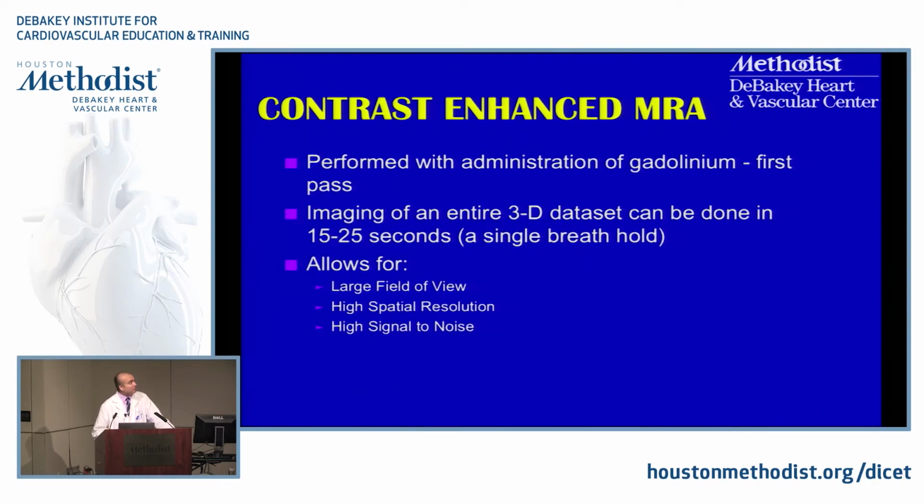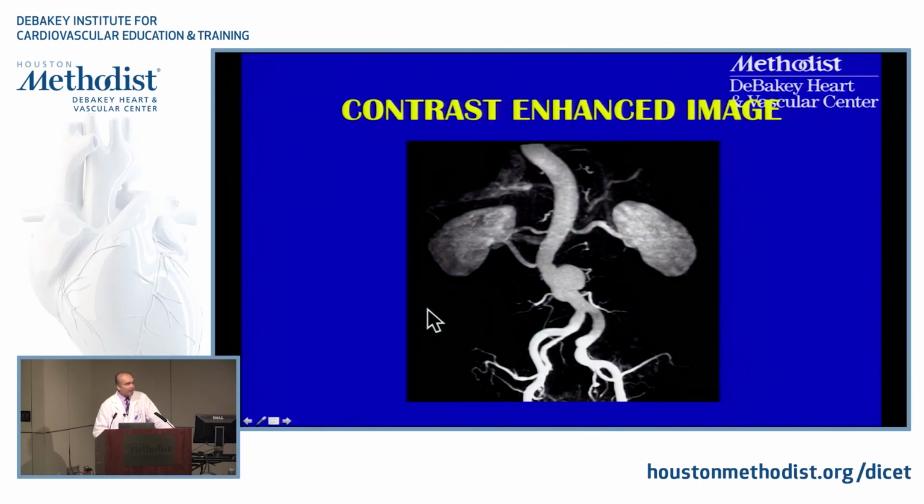Rather, today what we're going to utilize is what we call contrast enhanced MRA, and this is done with the administration of a contrast agent, either the gadolinium or ferumoxytol. Then we obtain a high resolution 3D data set, typically in about 10 to 20 seconds. You'll see the acquisition times are getting faster and faster. And this allows a very large field of view, high spatial resolution, and a very high signal to noise.